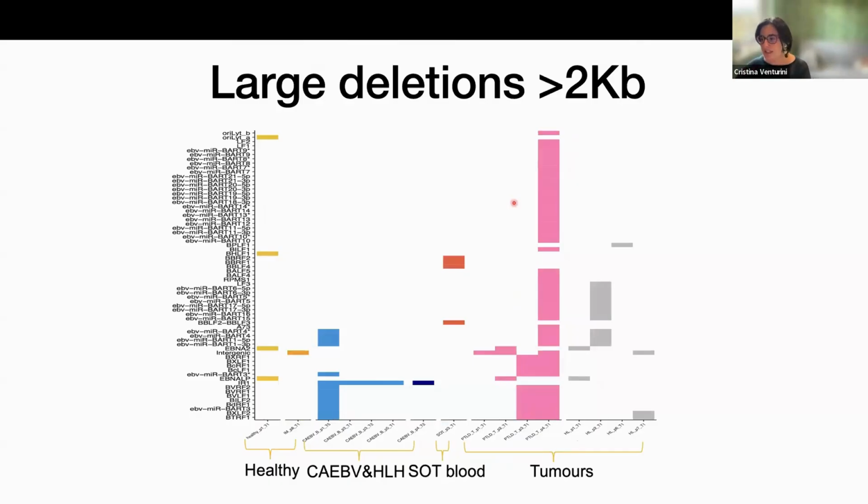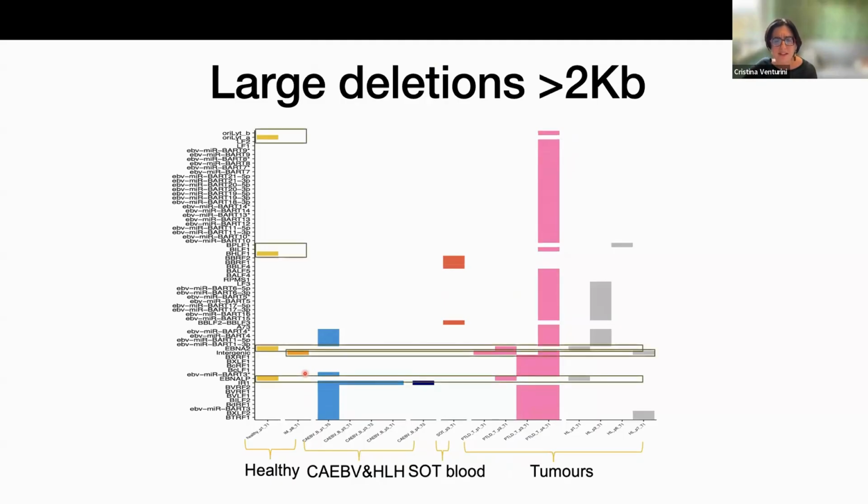When we look at the larger deletions, we can see that these are not as common in the healthy individuals. There are still some, mostly happening in some of the latent genes and in other parts of the genome, but they're not as common.